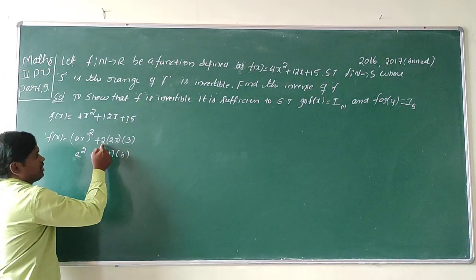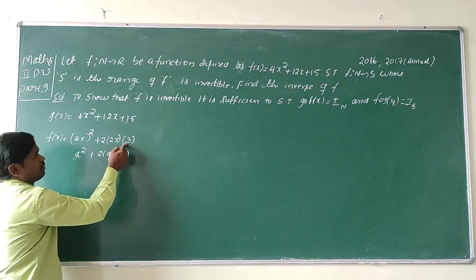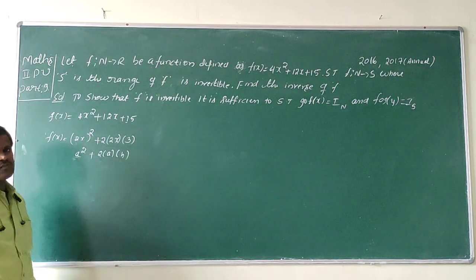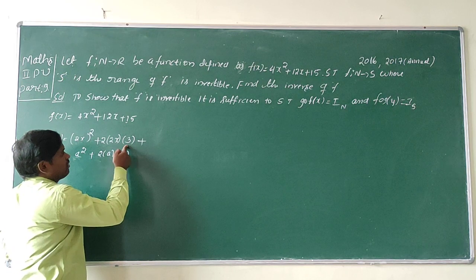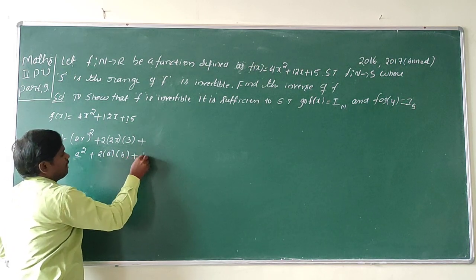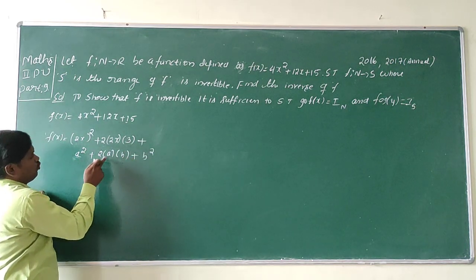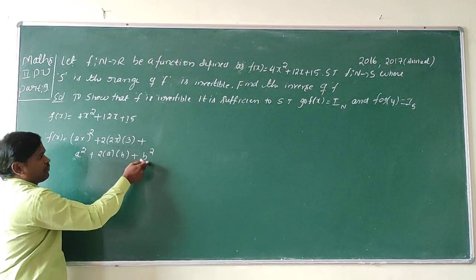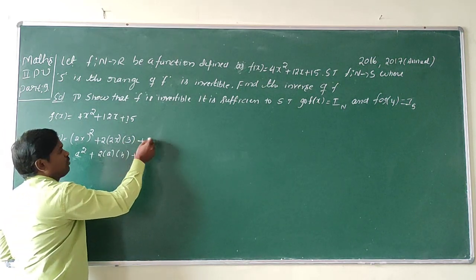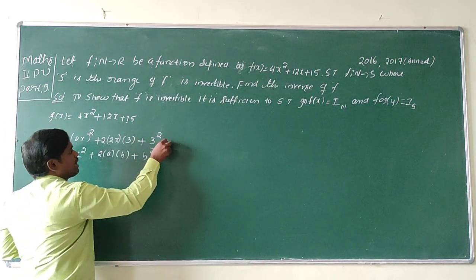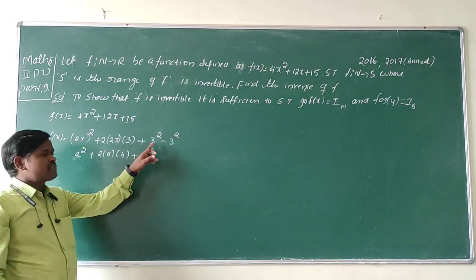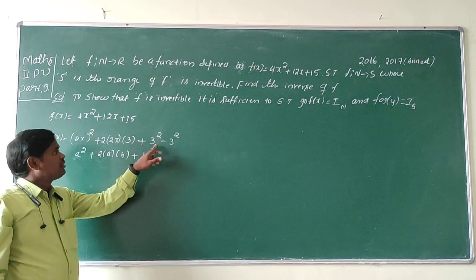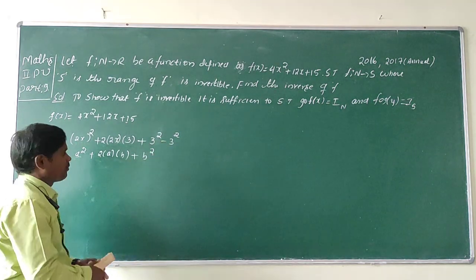Then 2 into 3 into 2x gives 12x. Since we want a square plus 2ab plus b square, we add and subtract b square, that is, add and subtract 3 square.